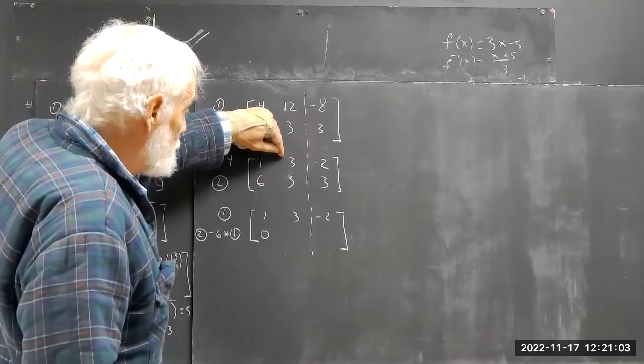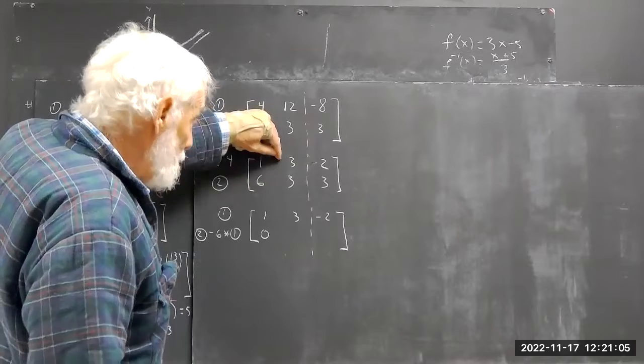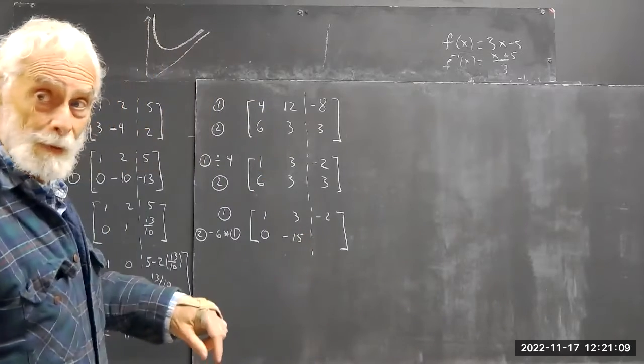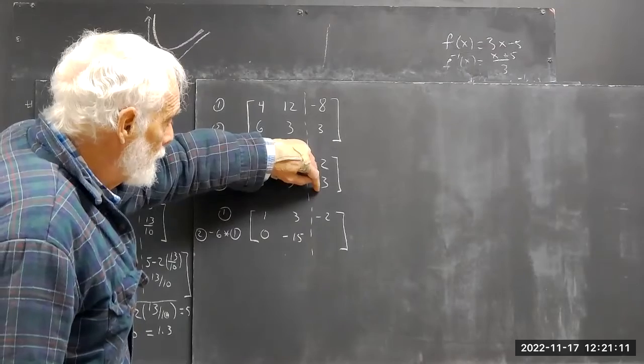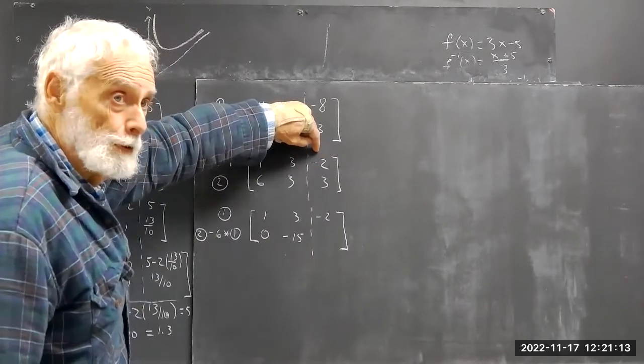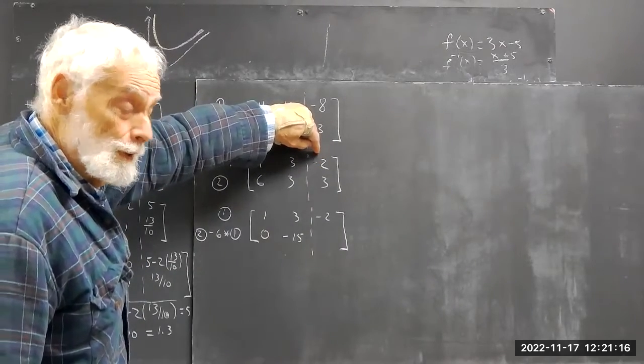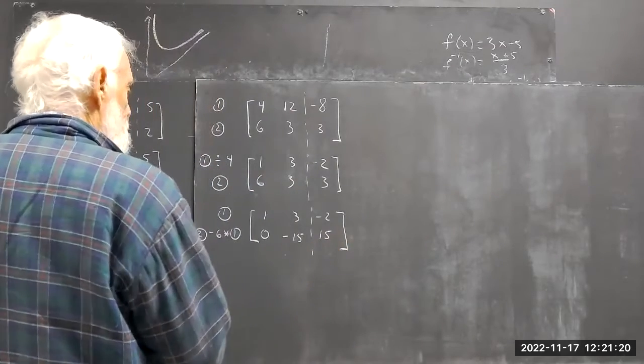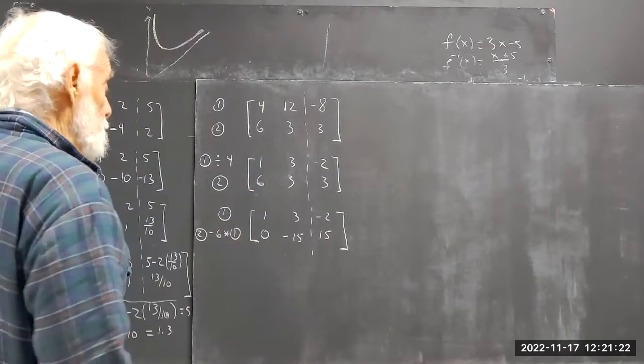This minus 6 times this, that's 3 minus 18, which is minus 15. And this is 3, and minus 6 times -2 is plus 12. That's 3 plus 12, that's 15. So we got our 0 here.